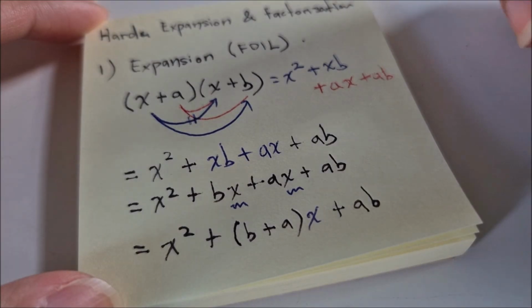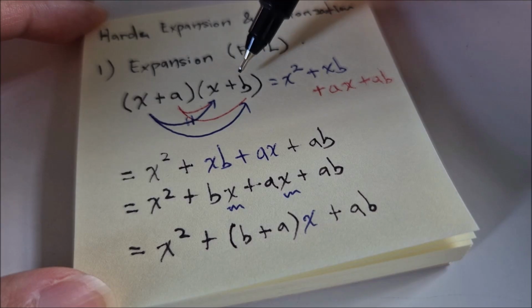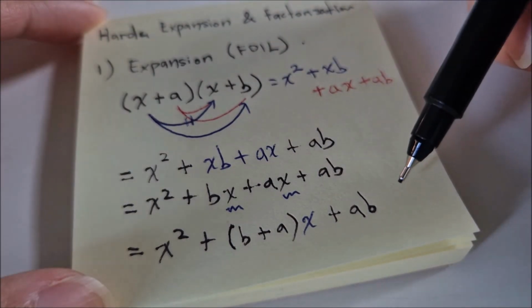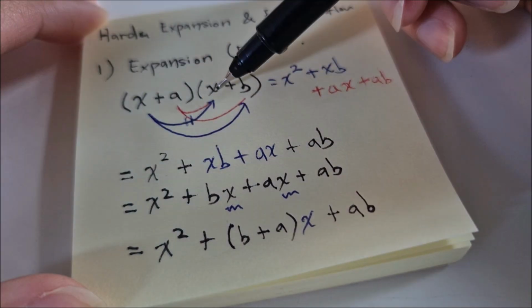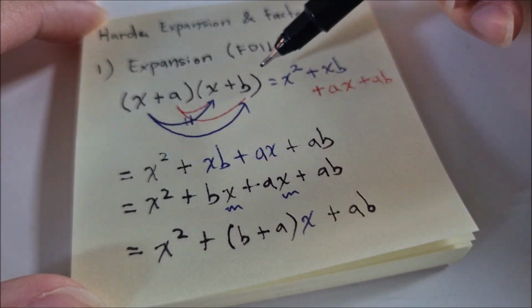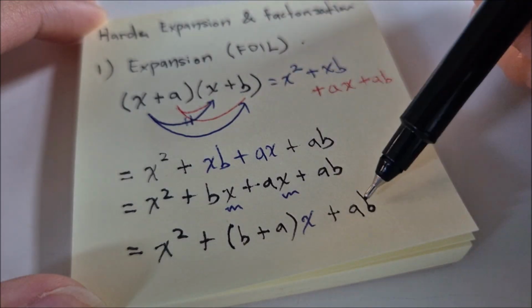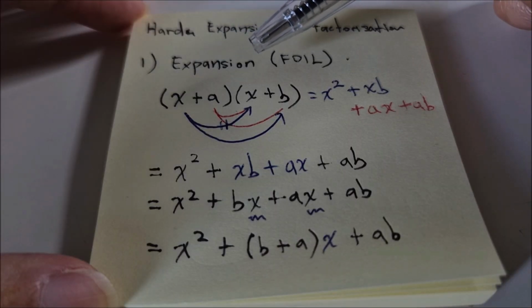So this means that x plus a times x plus b, we have this general formula here. It means first term squared plus the addition of a and b times x, and then we have ab. Two brackets multiplied together.